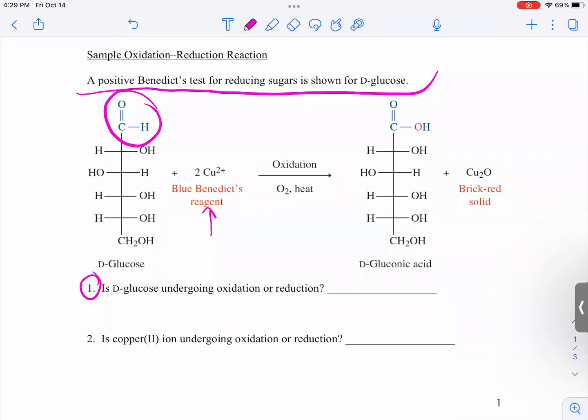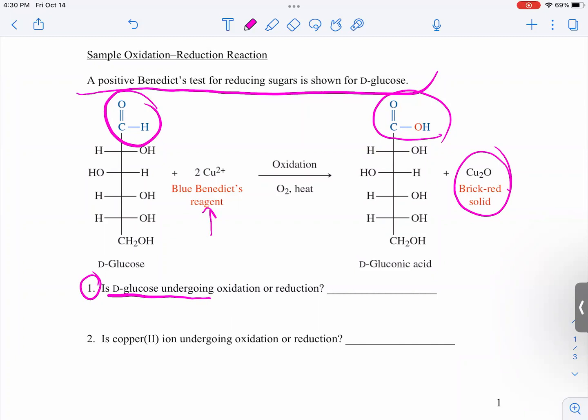So we had our copper ions, and we're going to have our oxidation reduction, and we're going to have a product. We have a precipitant. So that's going to be a positive Benedict's test. But is the D-glucose undergoing oxidation or reduction?